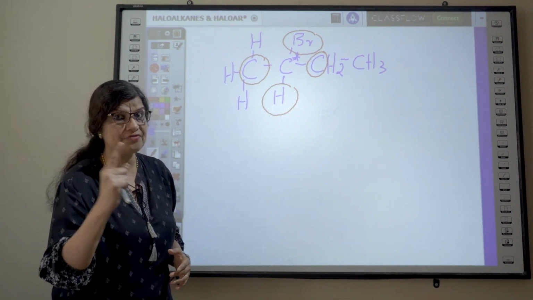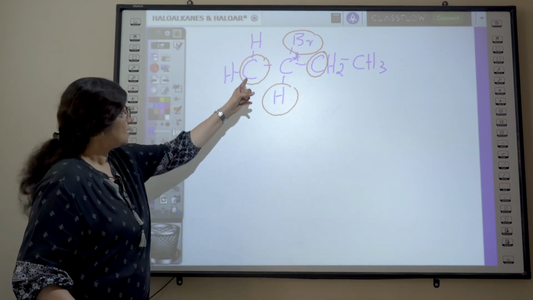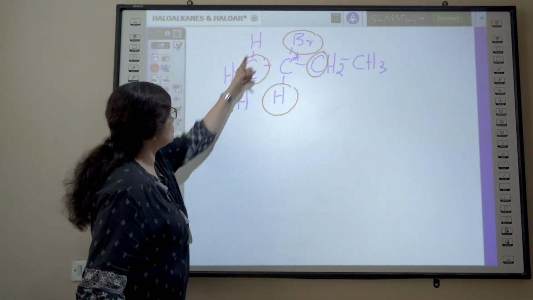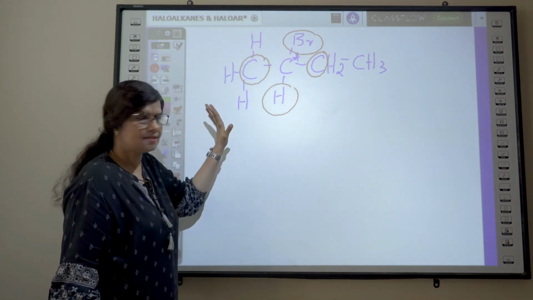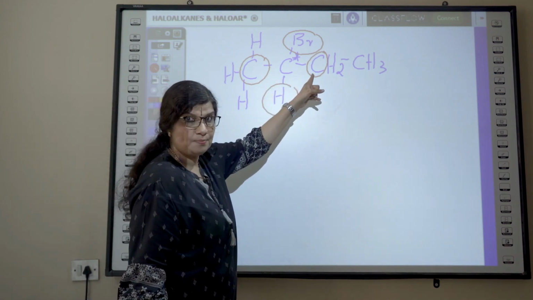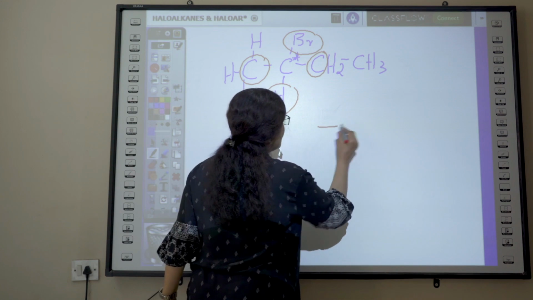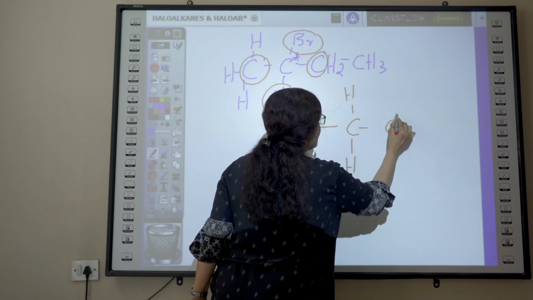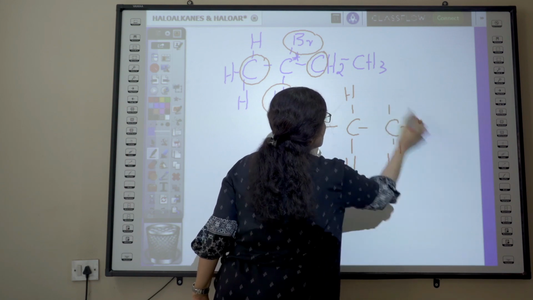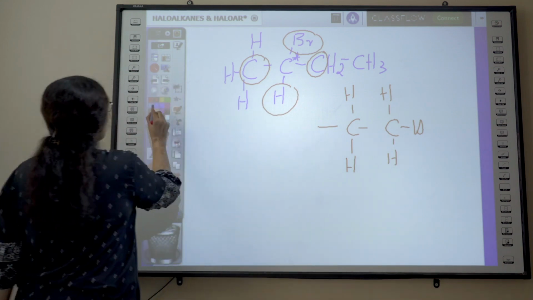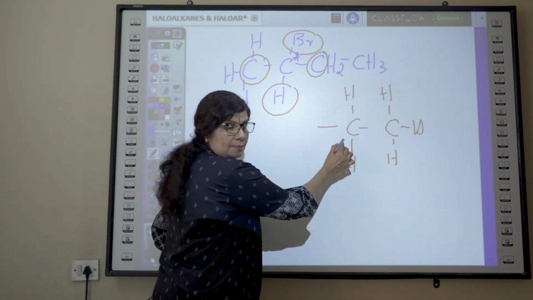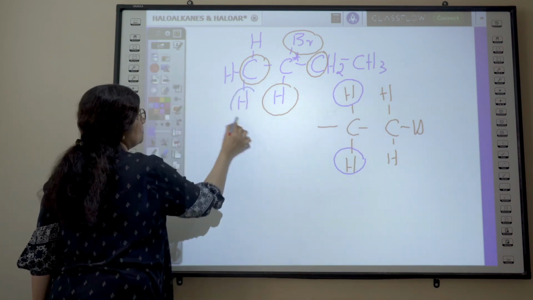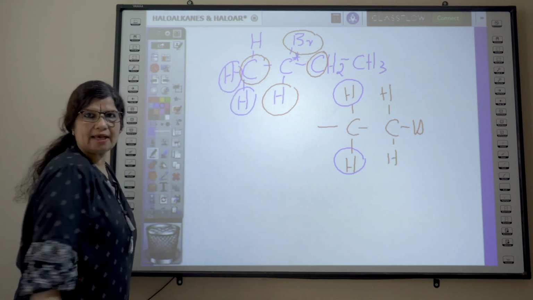In the methyl group, this methyl carbon is bonded to 3 hydrogens, correct? This is your ethyl group, CH2 and CH3. Now look at this. The ethyl carbon is bonded to 2 hydrogens, just like the methyl group.